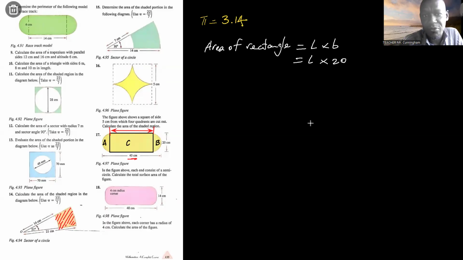Jacob gave me the correct answer a long time ago. Johansi, very good. Sienna, the whole length is 45. I want the length of the rectangle.